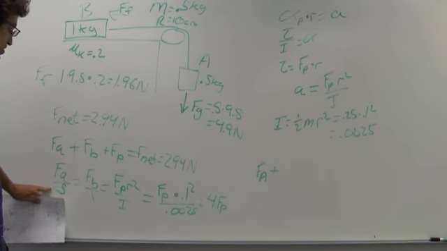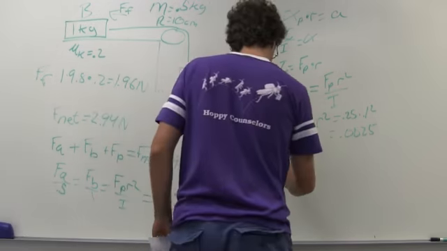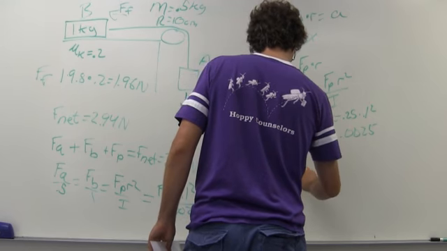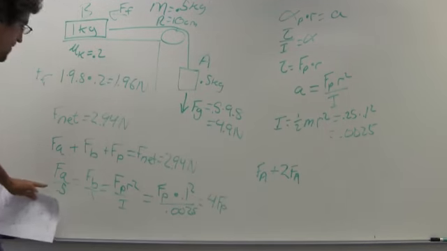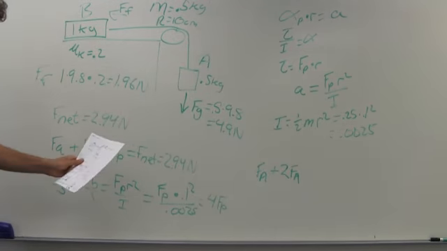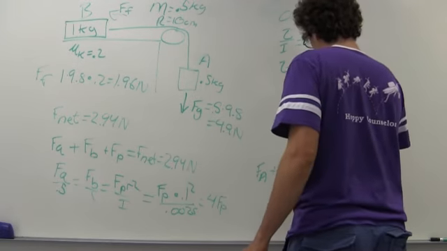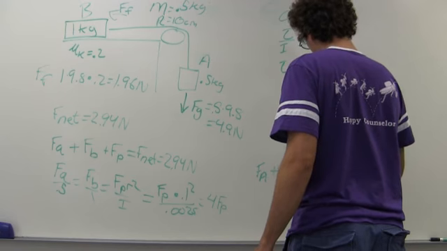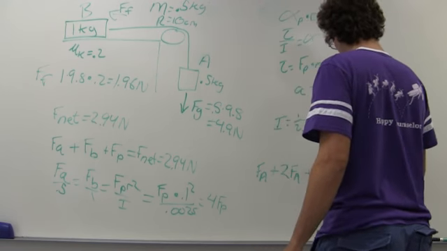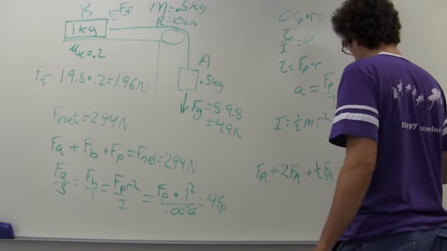FB is going to equal twice FA, and FP is going to equal 1/2 FA. And all that is equal to 2.94 newtons.